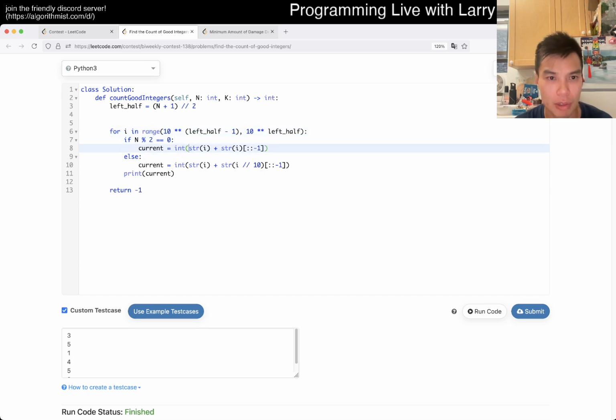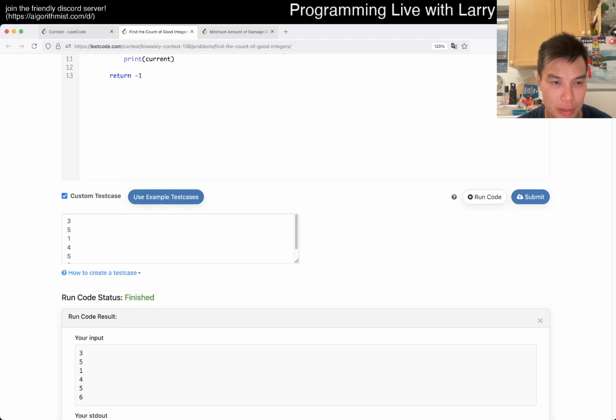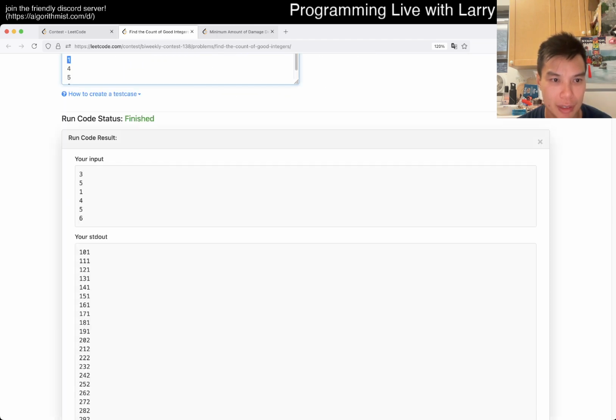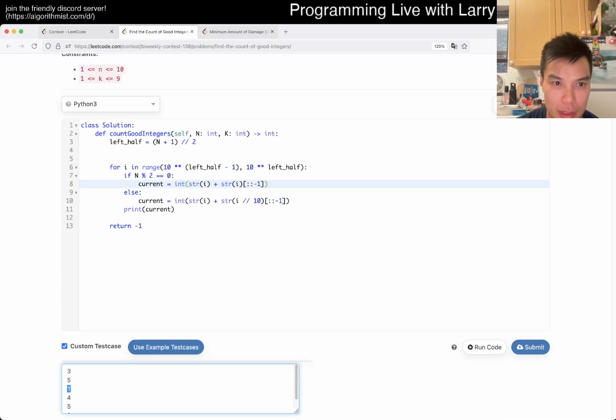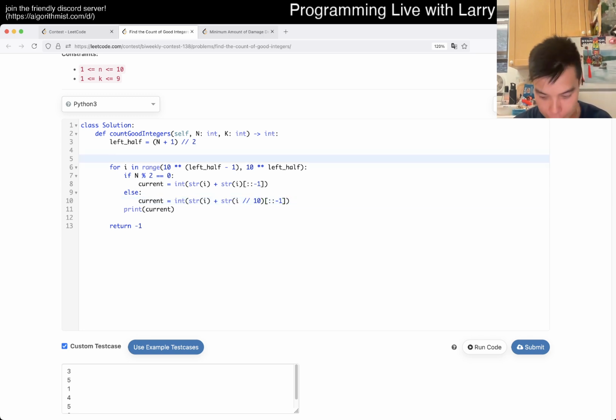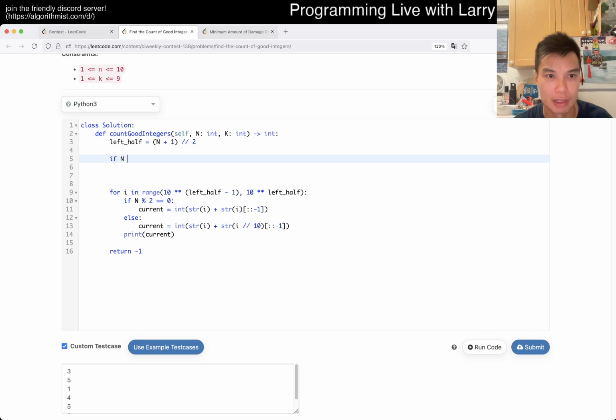Why is this wrong? For even digits. Oh no, this is for 1. That's not an even digit. Okay, for n equal to 1, we have 1 digit, so we have left half. And then if n is odd, then this is 0, but that's because n is equal to 1. Okay, if n is equal to 1, we just special case it, I think.